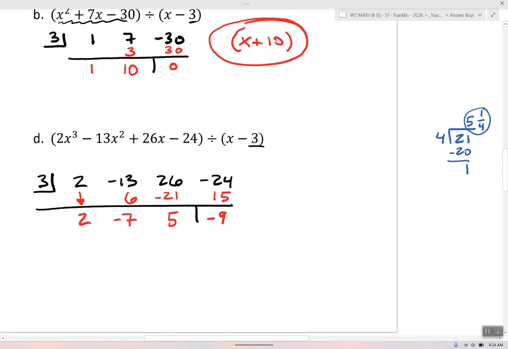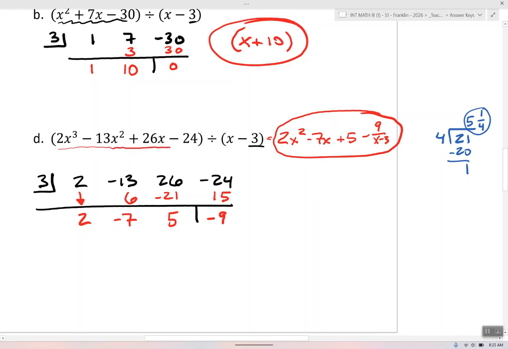So our answer, we have 2x squared, right, minus 7x plus 5 minus 9 over the divisor, which was x minus 3. So there is our answer. That is what we get when you divide 2x cubed minus 13x squared plus 26x minus 24 by x minus 3.